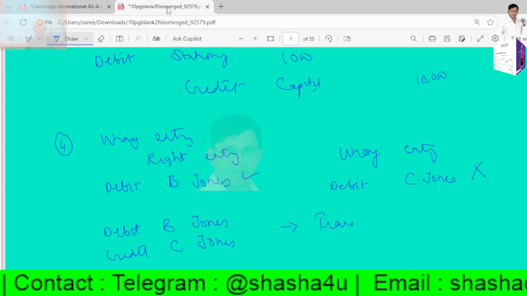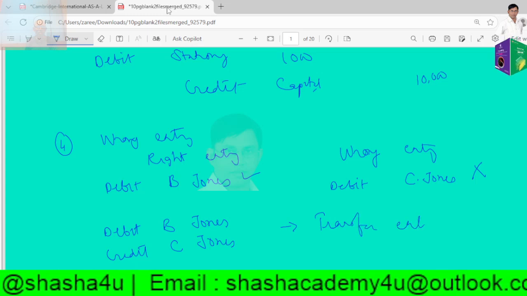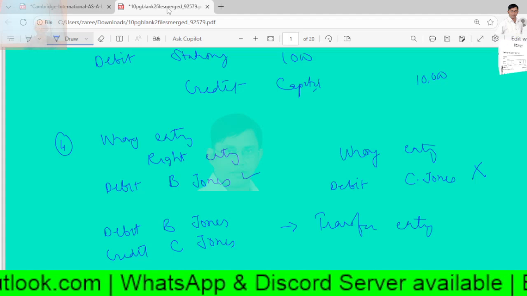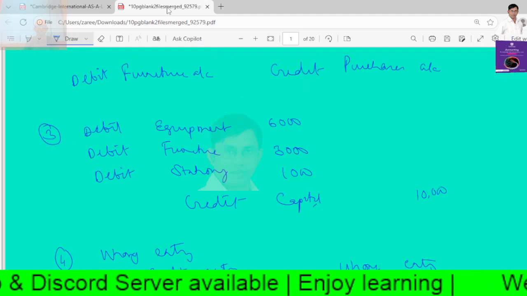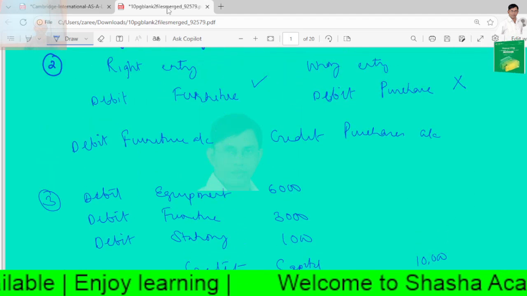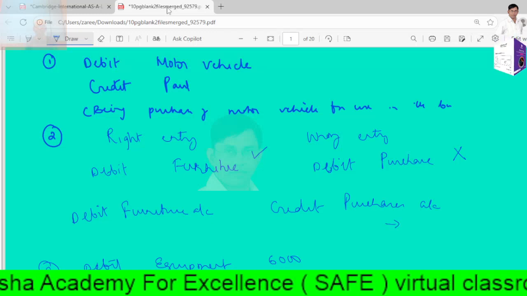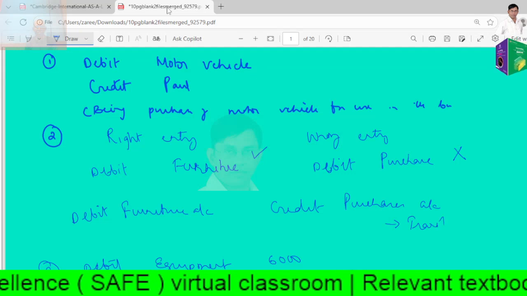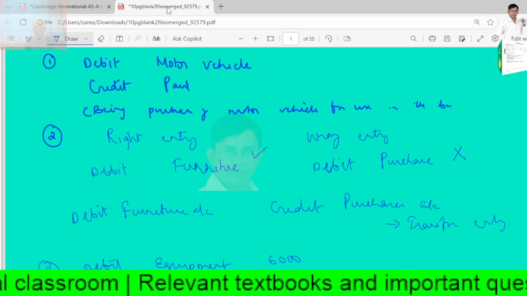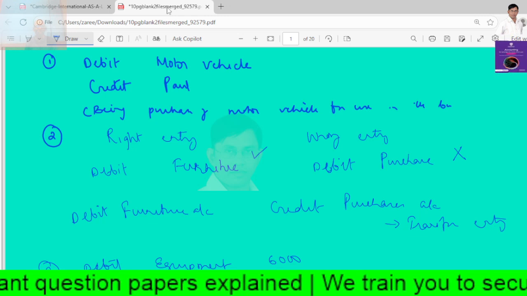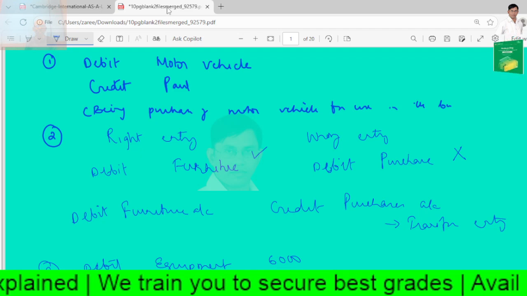Transfer entry. We are transferring from C to B. That's all, simple. This is also a transfer entry only, because we are transferring from furniture purchases to furniture.